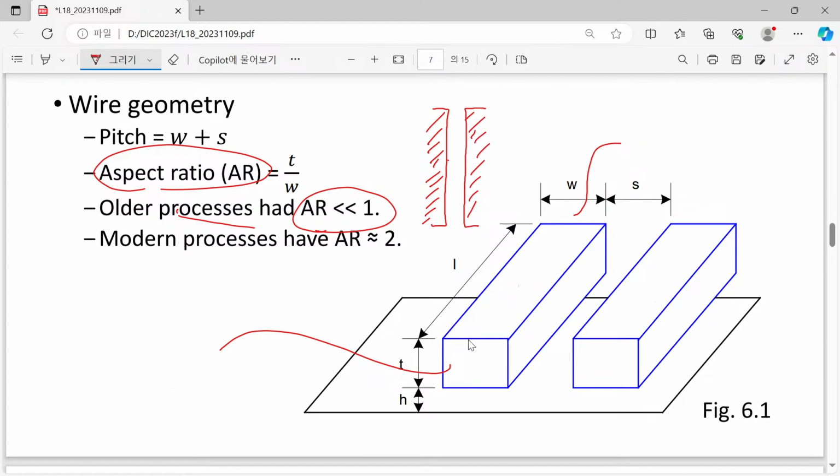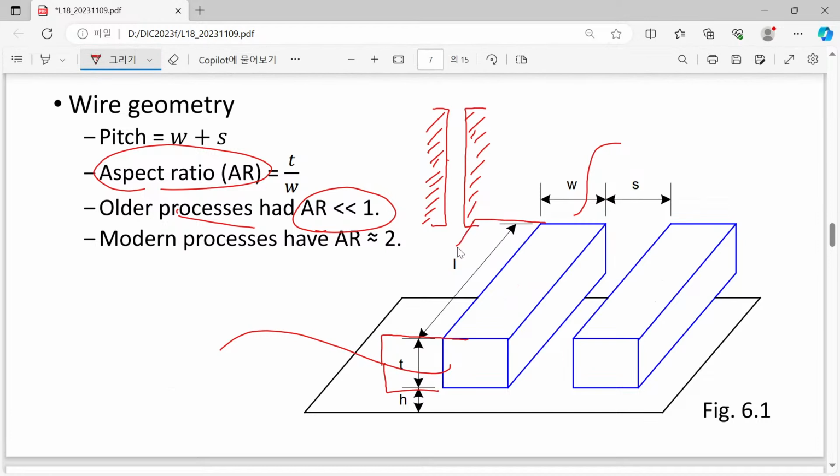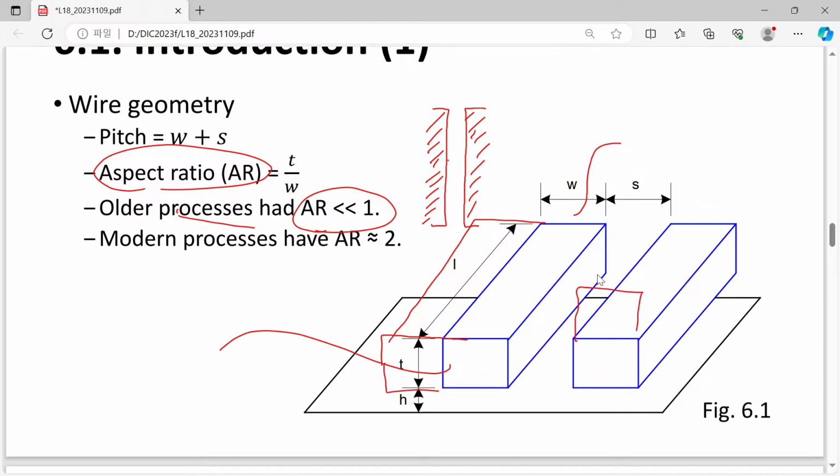So for example, if you can make it wider, then you can reduce resistance. Another way, if you make it taller, then of course you can reduce the resistance. Good.